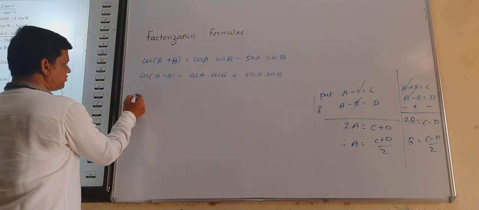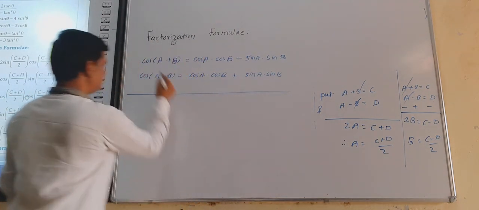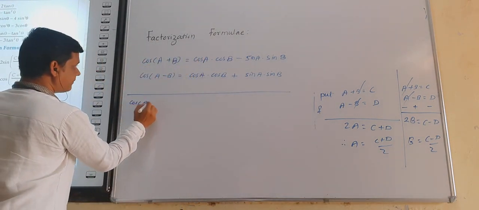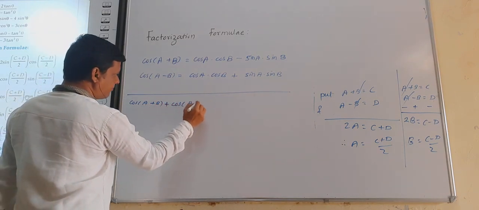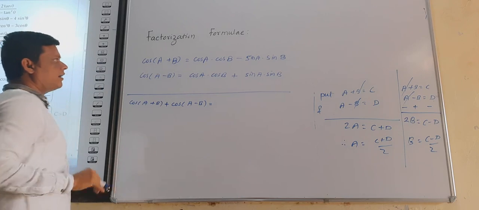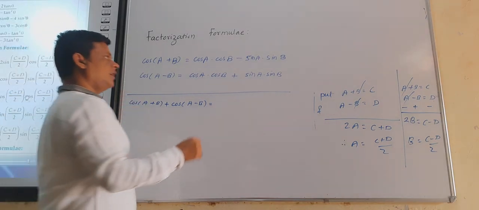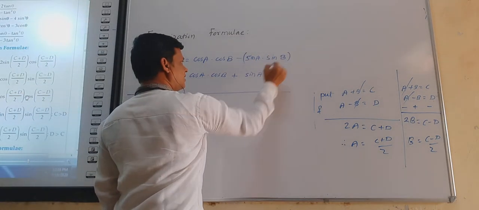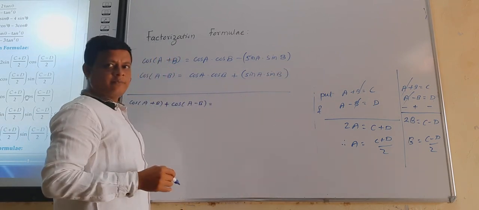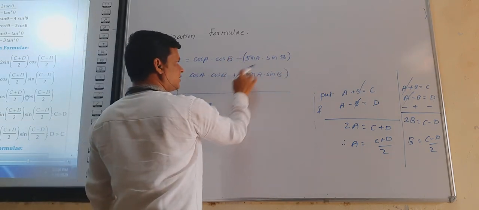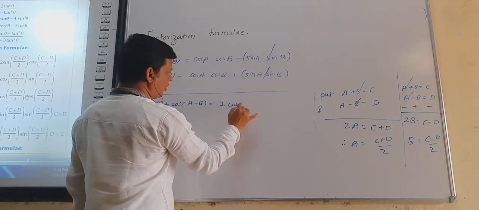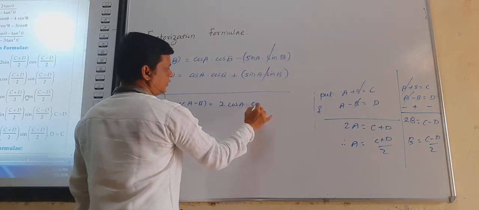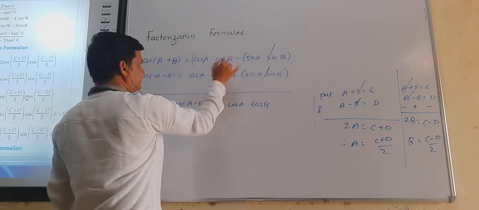After adding these two, we get cos a plus b plus cos a minus b. In RHS, these two terms are the same but of opposite sign, so they get cancelled, so we write 2 cos a into cos b, that is 2 times cos a cos b.